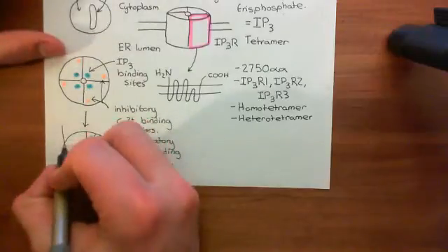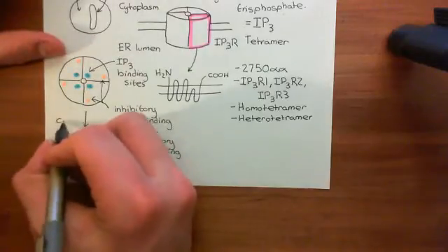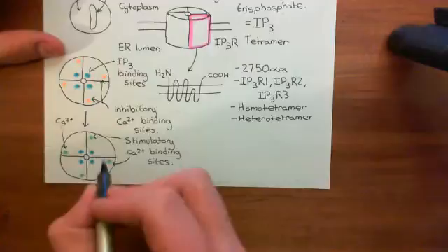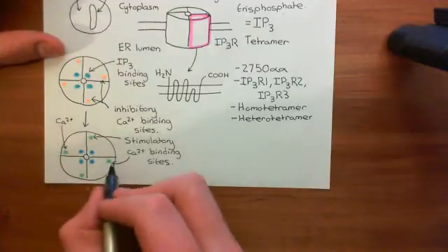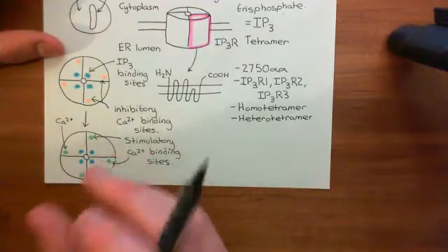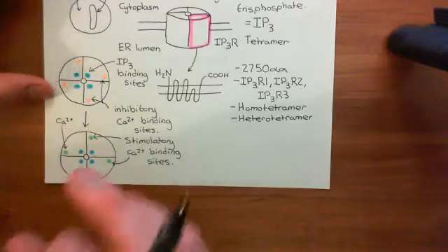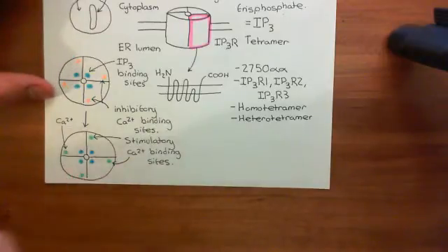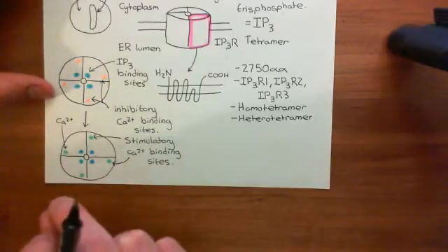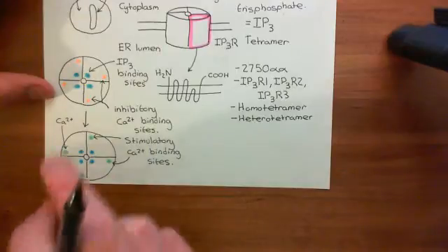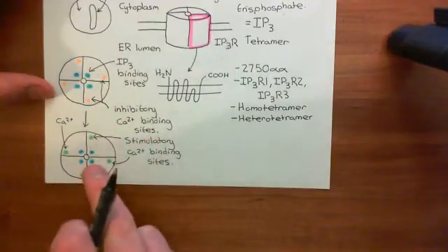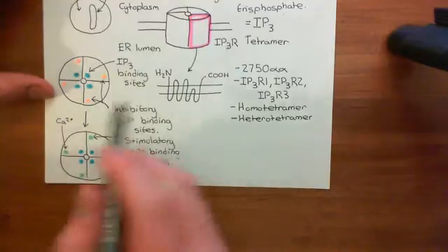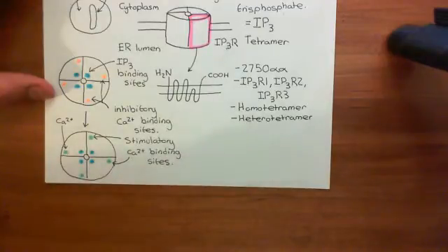Now, if calcium comes and binds to the stimulatory calcium binding site, it will trigger this IP3 receptor to open and it will release calcium. So IP3 receptors actually don't just require IP3 to open them. They require IP3 to put them into a state where then calcium can come and open them.